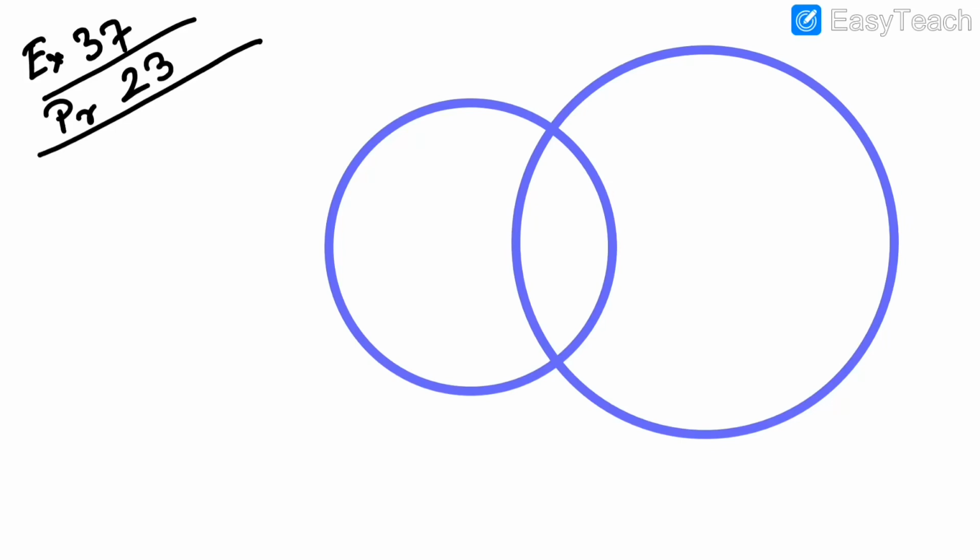Okay, two circles with centers A and B. We'll name this center as A, this center as B. They intersect at P and Q. So this point is P, this point is Q.